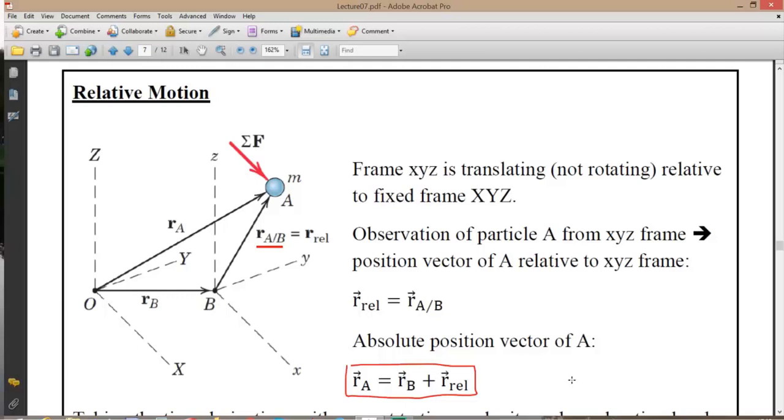So if we do the second derivation with respect to time, we get an acceleration of A, this is our particle, acceleration of A is equal to acceleration of B, which is the translating frame, plus the acceleration measured from the translating frame with an origin at B, which is going to be a relative.